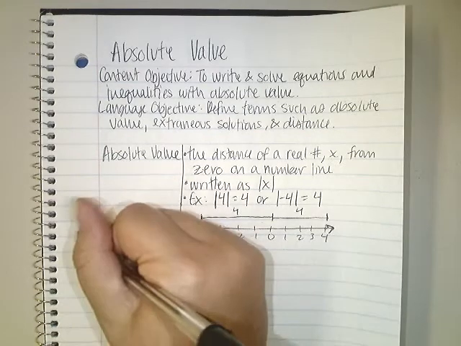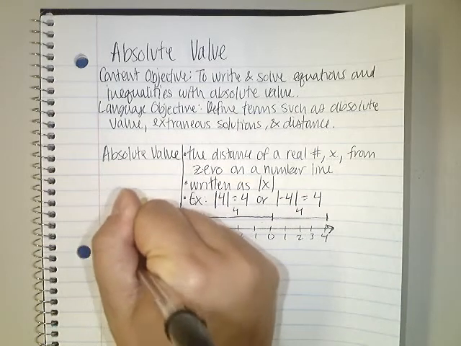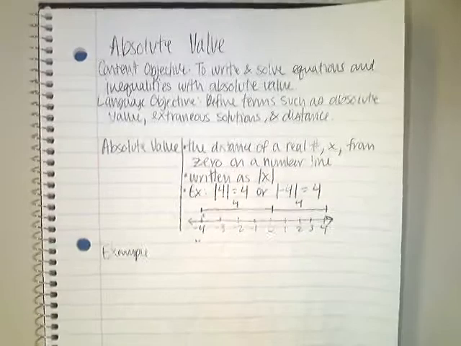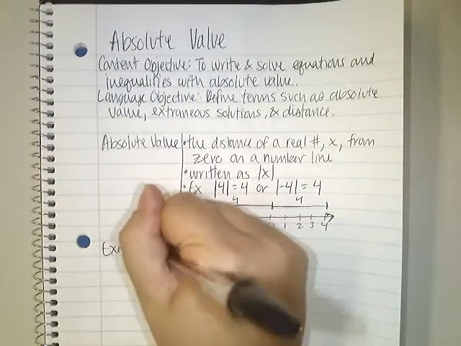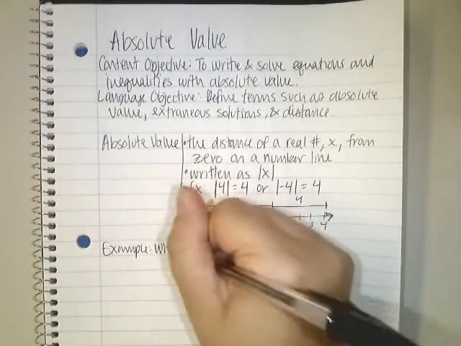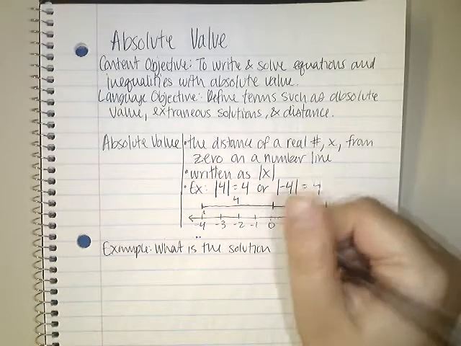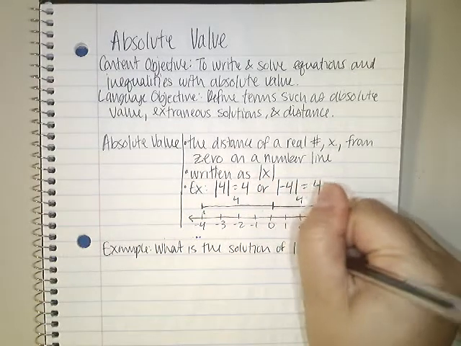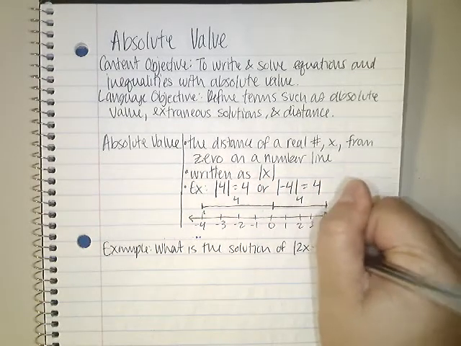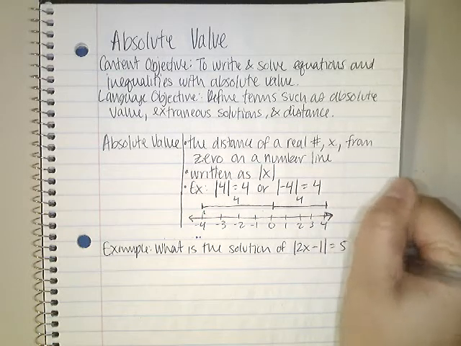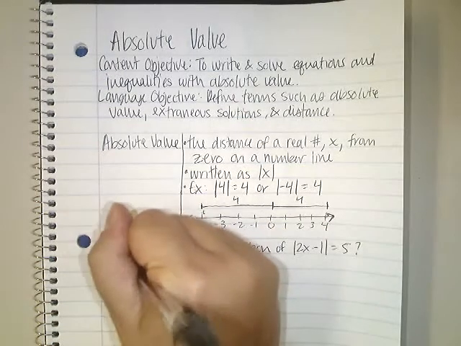So let's solve an example together, an example of an absolute value equation. We're going to start with: what is the solution of the absolute value of 2x minus 1 equals 5? And I want us to also graph the solution.